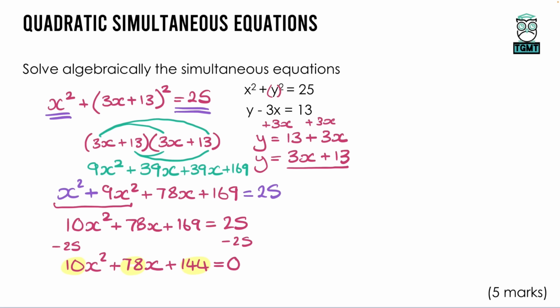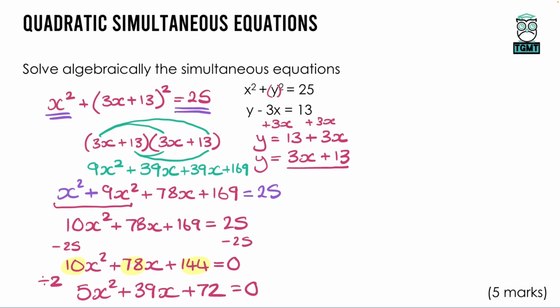It's still going to equal 0. So that's the only reason I can do it. And in this instance, they all divide by 2. So my new quadratic would be 5x squared plus 39x plus 72, and that equals 0. Now that quadratic, I now need to factorise and solve to get my solutions for x.